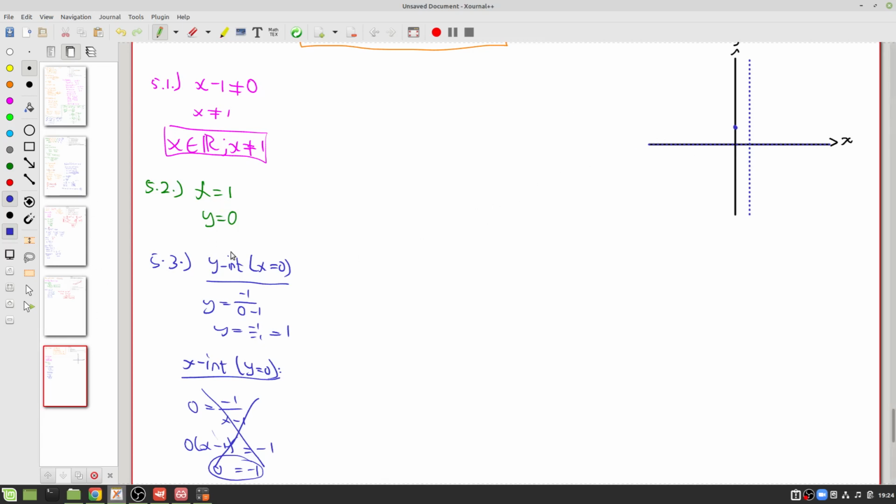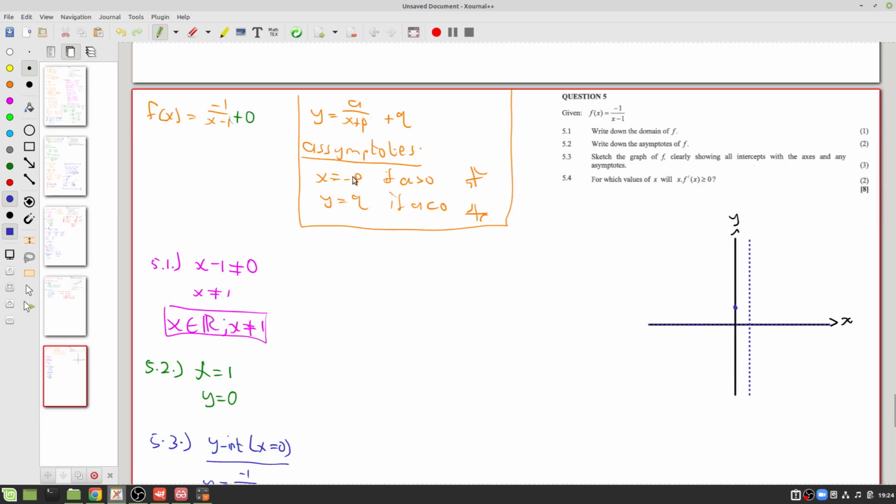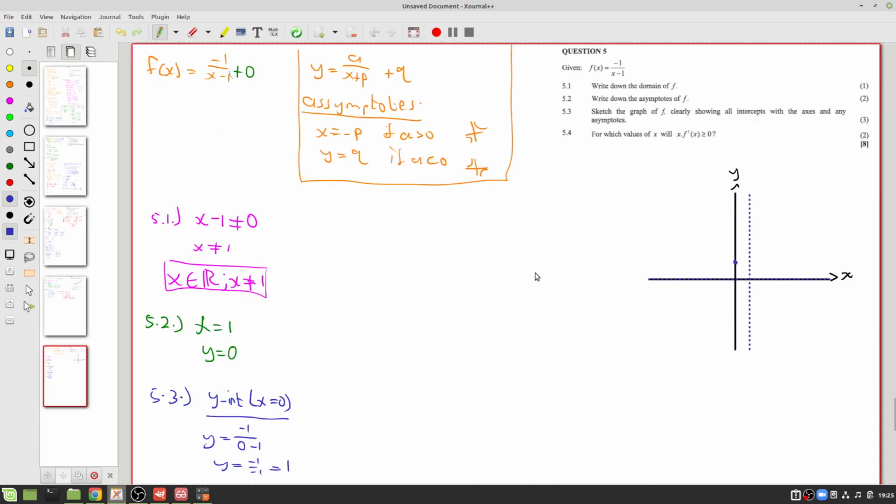We see our a value. We said if a is negative, the graph is in the second and the fourth quadrant, and we see our a value is negative, so it makes sense that we'll have it in the second and the fourth quadrant. In this quadrant we've got part of the graph, and the other part is in here. Now we just have to label everything.